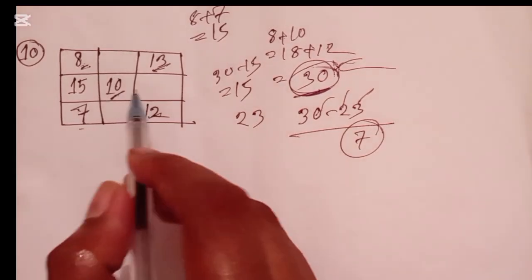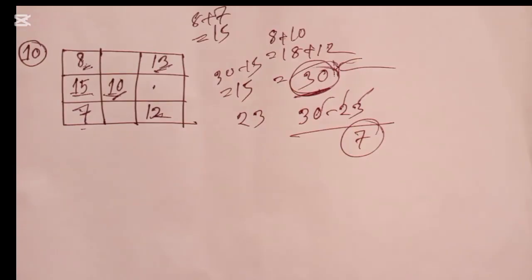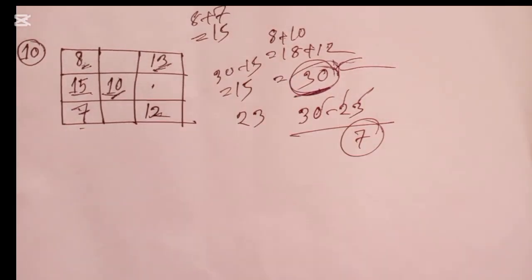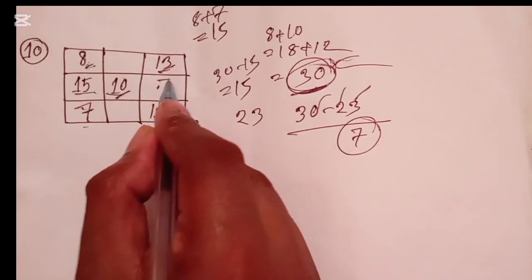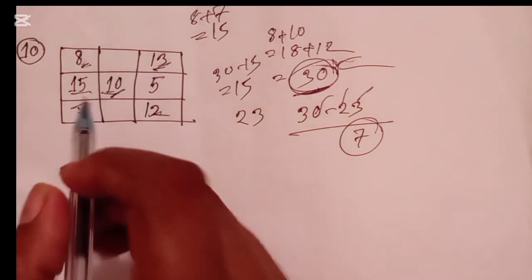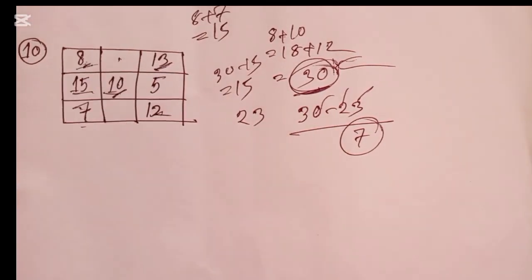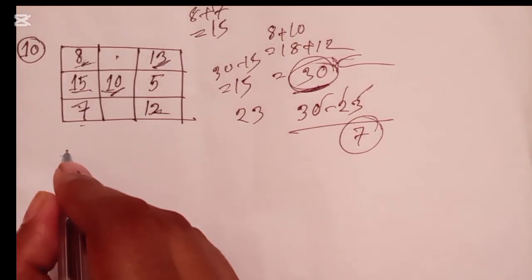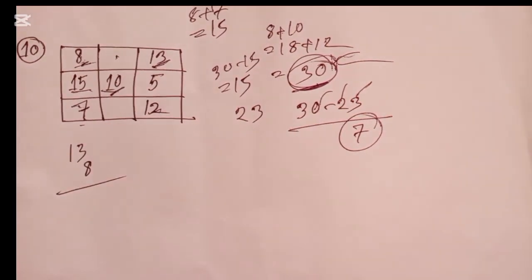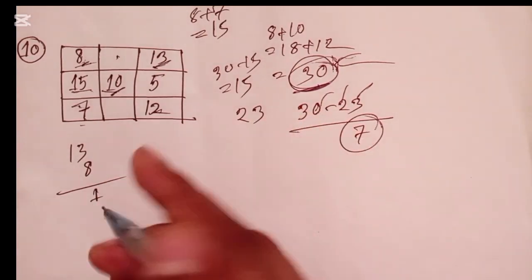Next, here we have 15 and 10. So 15 and 10 is 25. We need 30. So we need an extra 5, right? So here will be 5. And what will be in this box? So 13 and 8. So just add 13 plus 8. 8 and 3 is 11, and 1 and carry 1, 2.